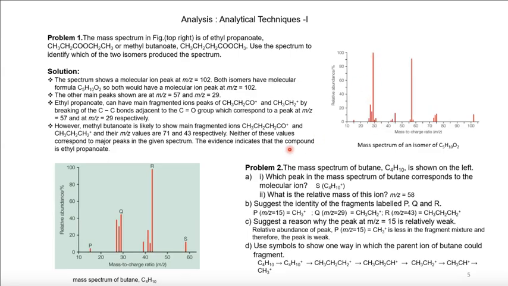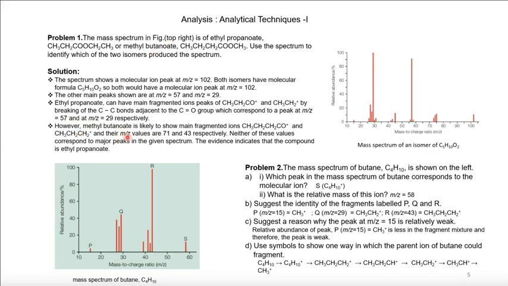Now we start looking for the fragments. These fragments come from breaking the carbon-carbon single bond adjacent to the carbon-oxygen double bond, which corresponds to this mass spectrum, m/z 57 and 29 respectively.